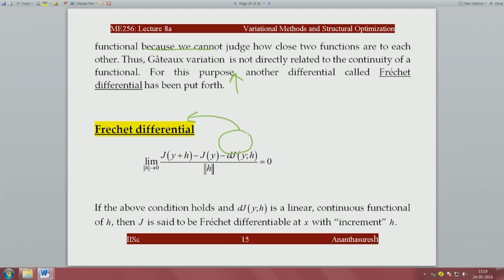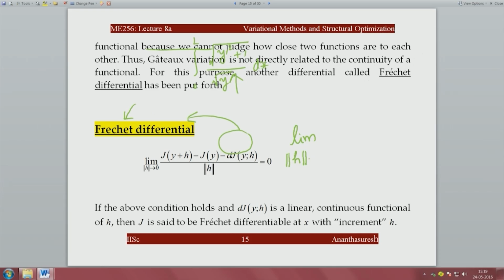Now, as we just mentioned in the last part of the lecture, we have to talk about this second one called Fréchet differential. Fréchet differential is defined slightly differently from the Gateaux variation. So, here let us write it down in case you cannot see the small font. Here we do not have epsilon, instead we take this arbitrary function that does not go away.